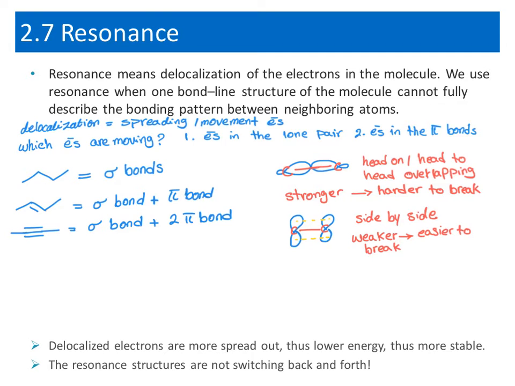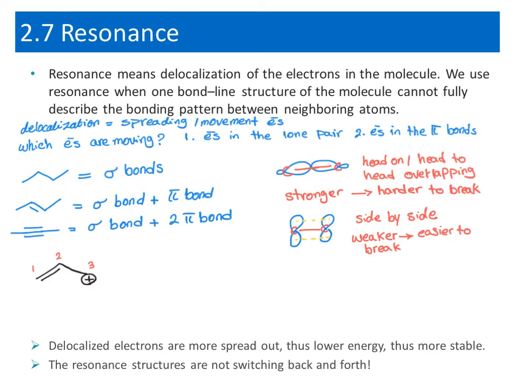When do we use resonance? We use it when one bond line structure of the molecule cannot fully describe the bonding pattern between neighboring atoms. So what does that mean? Let's look at the structure of allyl carbocation. This carbocation is made of an alkene and a positive charge. That positive charge on a carbon means the carbon lacks electrons.